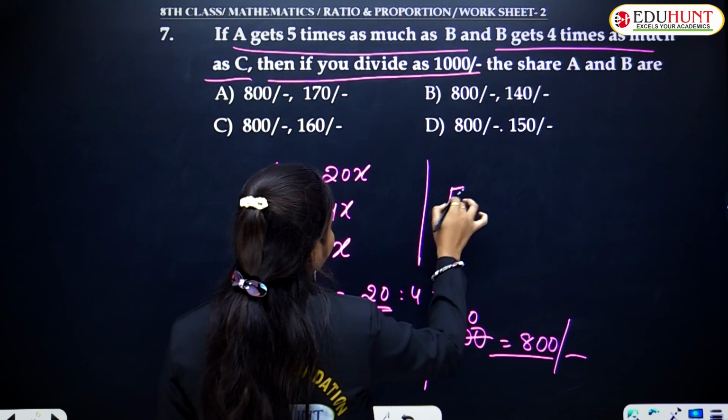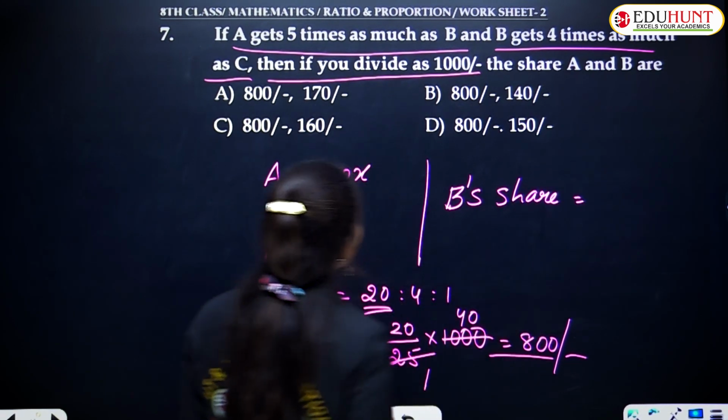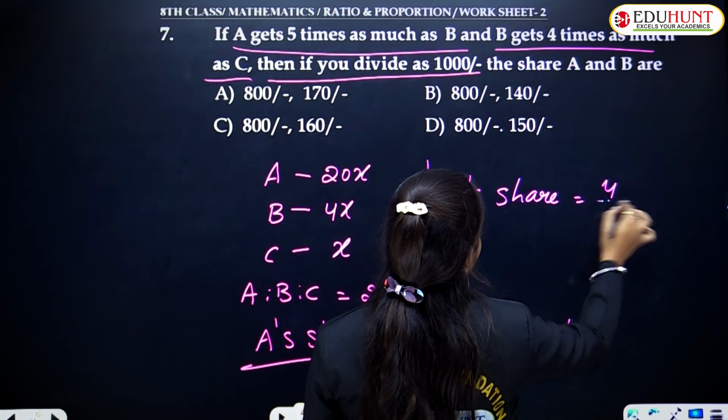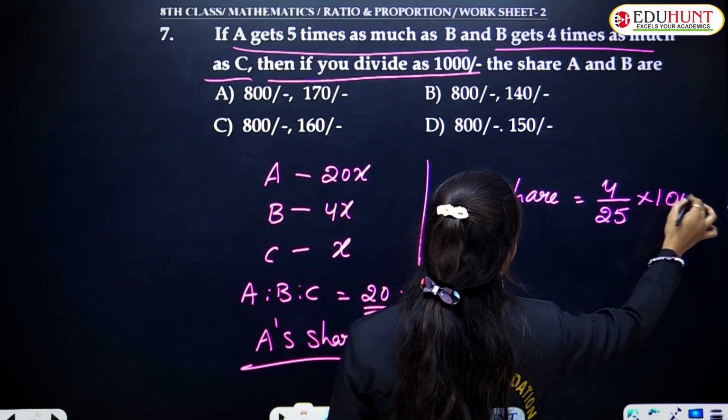And in the same way, B's share. What is B's share here? That is how many parts? 4 parts out of 25 parts, and the total money is 1000.